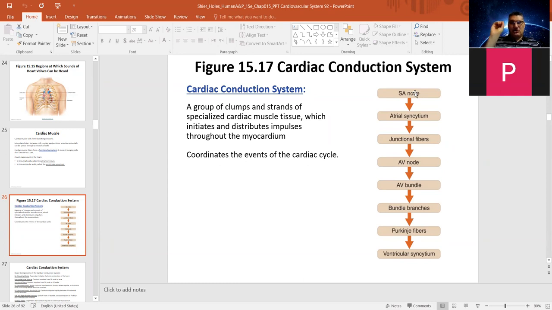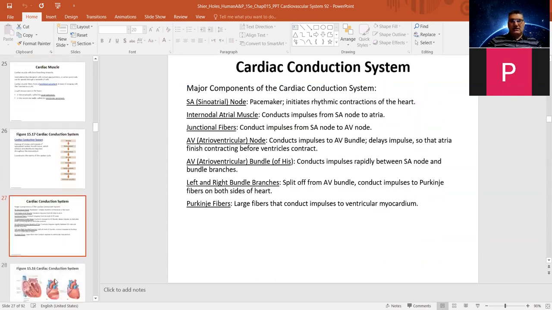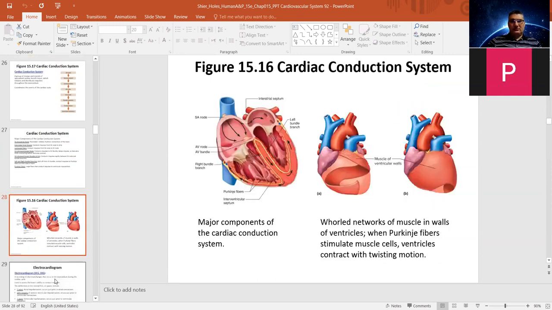This is the one that keeps charging, signal, signal, throughout your entire life. It shouldn't stop at all. It will go through the atrium and then go to junctional fibers until it goes to the AV node, AV bundle, bundle branches, Purkinje fibers, until it goes to the ventricular system, or the ventricles.